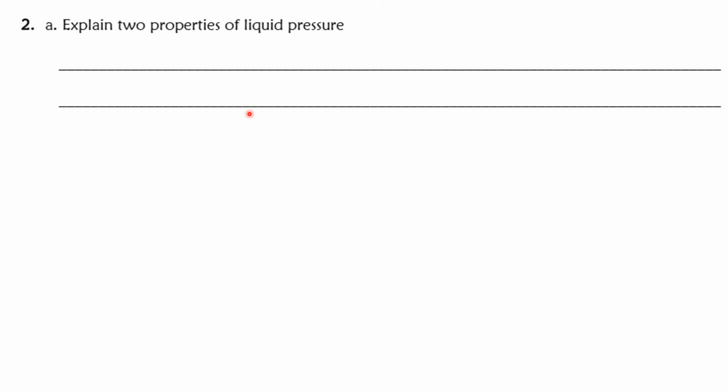All right, so what I've just said can be shown. Suppose we have a liquid like water placed in a container that has 3 holes on it. So this is water.